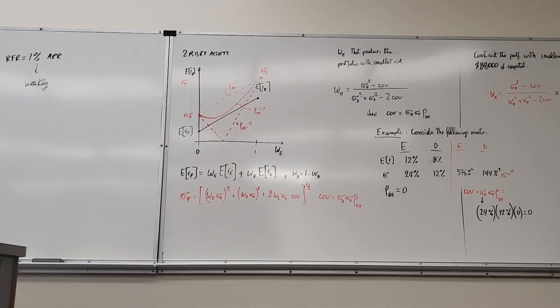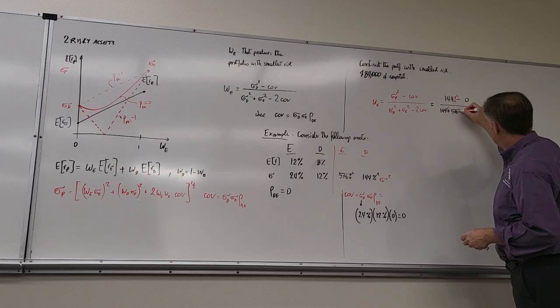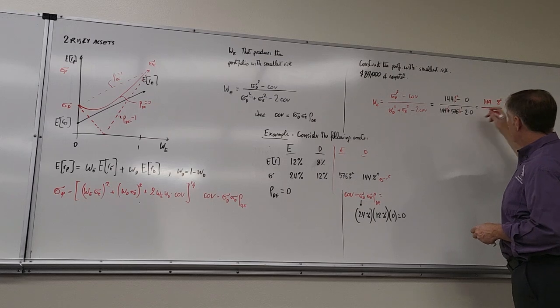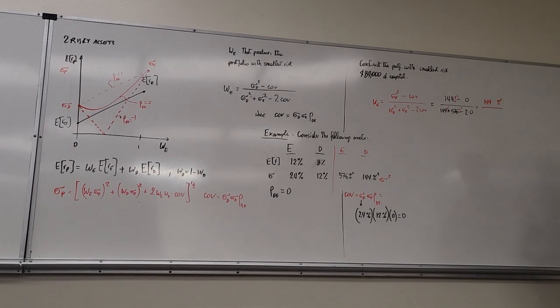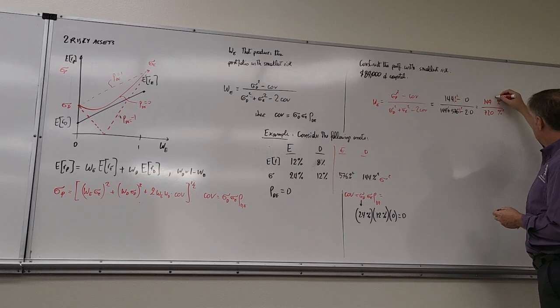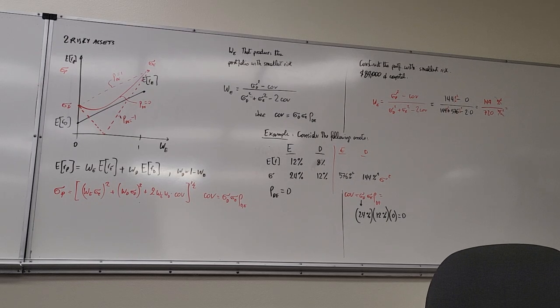The units here are percent squared, so you get 144 percent squared divided by 720 percent squared, and the units cancel each other out. So your answer is already in the correct units. What do you get? 0.2. Do you agree with that?